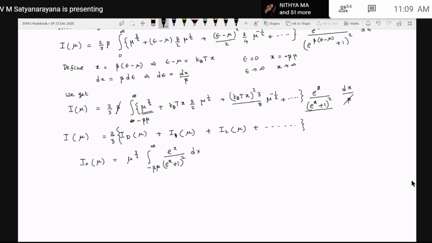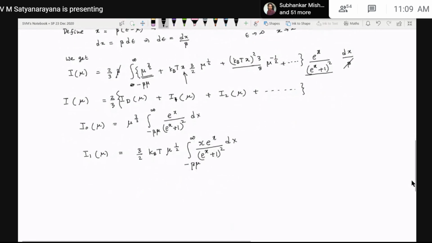What is I1 of mu? I1 of mu is, so there is a 3 by 2 kbt mu to the power half into integral minus beta mu to infinity. You have e to the x, because there is a ktx here, remember, ktx. So x e to the x divided by e to the x plus 1 the whole square dx. That is our I1 of mu.